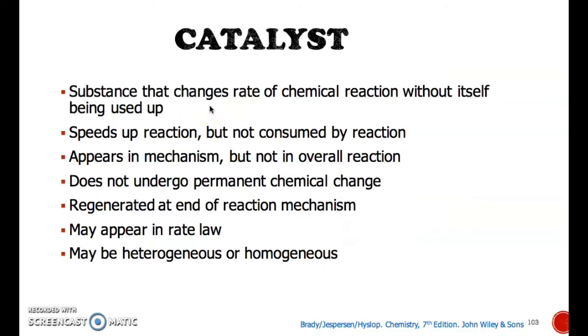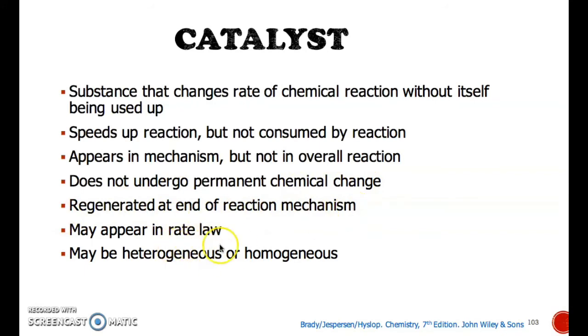Catalyst: a substance that changes the rate of a chemical reaction without itself being used up. It speeds up the reaction but is not consumed by the reaction, appears in the mechanism but not in the overall reaction, does not undergo permanent chemical change, and is regenerated at the end of the reaction mechanism.